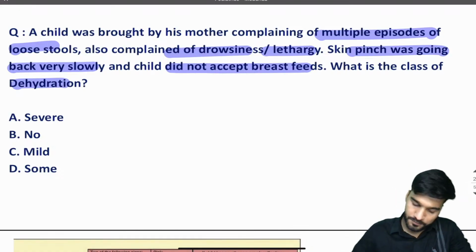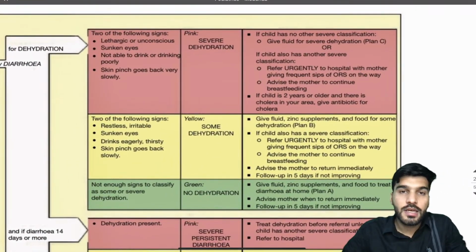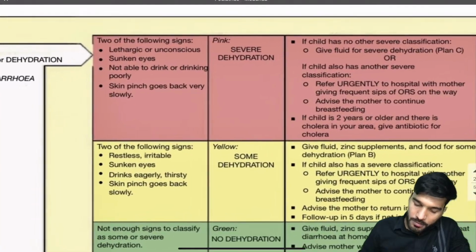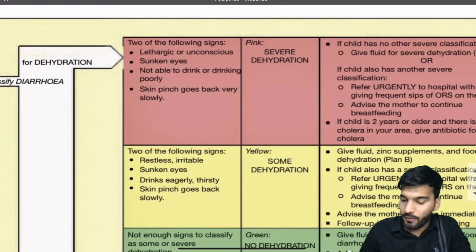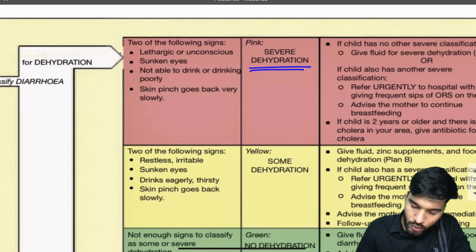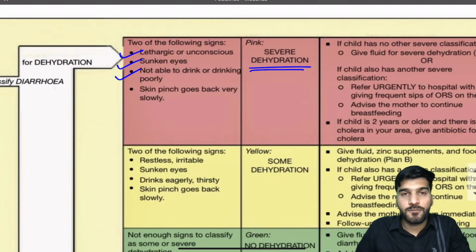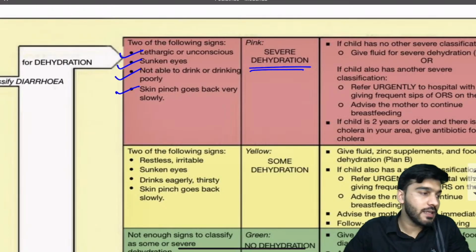So let's discuss the class of dehydration, whether it is going to be severe dehydration, some dehydration, or no dehydration. If we talk about the following signs, two of the following signs should be there. We categorize this under severe dehydration if there is an unconscious or lethargic baby, sunken eyes, baby is not able to drink or drinking very poorly, and the skin pinch goes back very slowly.